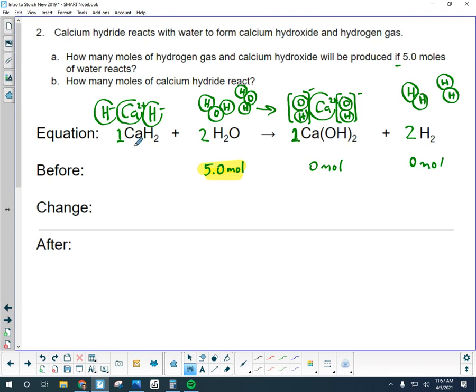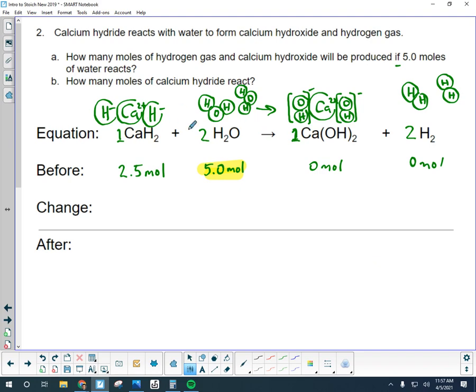The amount of calcium hydride that needs to react with H2O is in a 1:2 ratio. I specifically need twice as much water, not hydrogen, H2O. If I'm going to react 5 moles, the proper amount of calcium hydride needs to be 2.5 moles, because it has to occur in a 1:2 ratio to react equivalently, so that each of them is used up and completely converted to product.